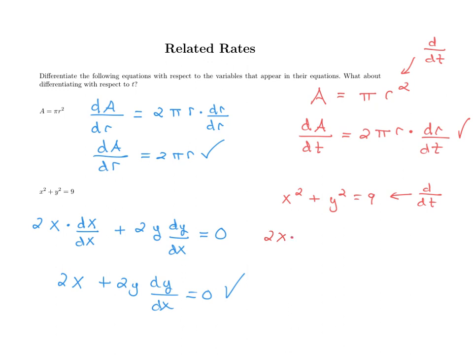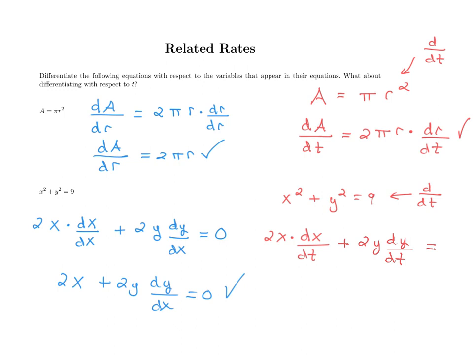But then you have to multiply by the derivative of x with respect to time. Over here, we didn't really need to write this because, again, it was equal to 1. Over here, this thing does not cancel, but it must be present within the equation. Okay, moving on. What about the derivative of y squared? That is 2y, and now I have to multiply by the derivative of y with respect to t.